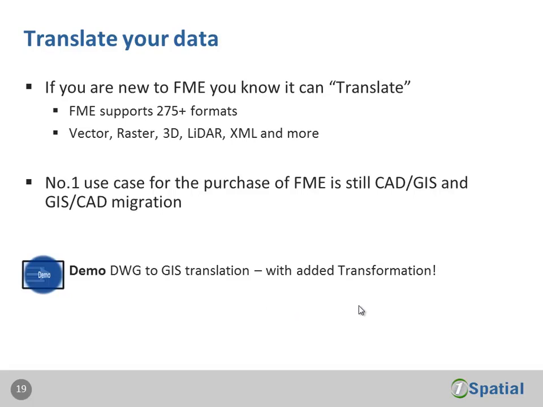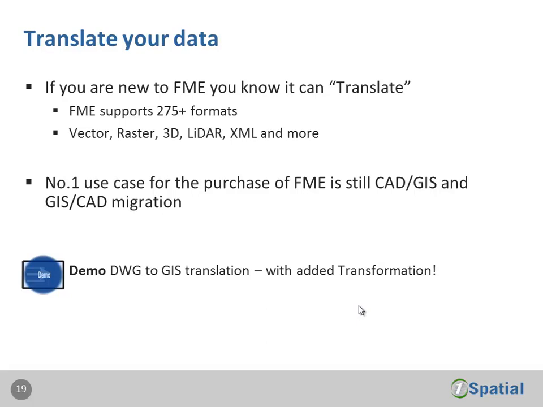Some of you might not be aware, but one of the main reasons why FME came about back in '93 was to start resolving some of the main issues of moving data between GIS systems and AutoCAD systems. And it's still the number one use case for moving data from CAD to GIS or GIS to CAD.